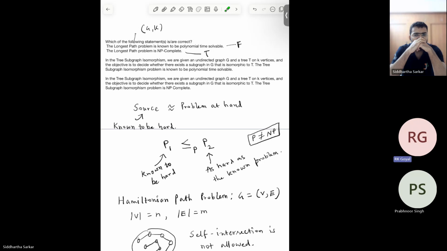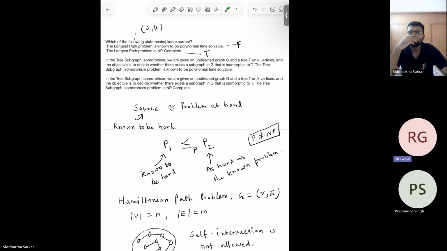If I take a subgraph of G, and I look for a one to one mapping of the vertices, then the longest path problem will come into the picture in the sense that I'll have to find whether I can make a move. The leaves must map to the leaves.